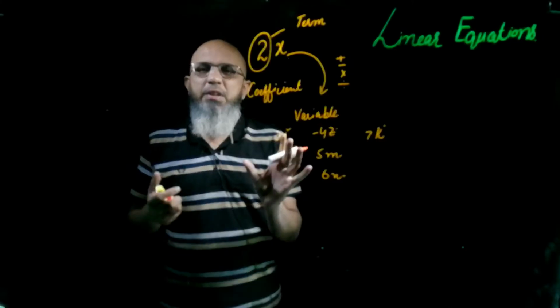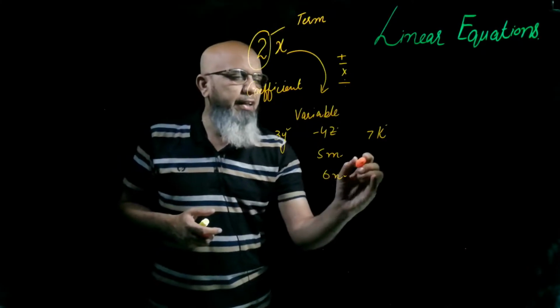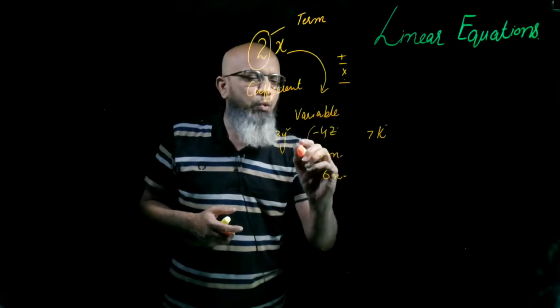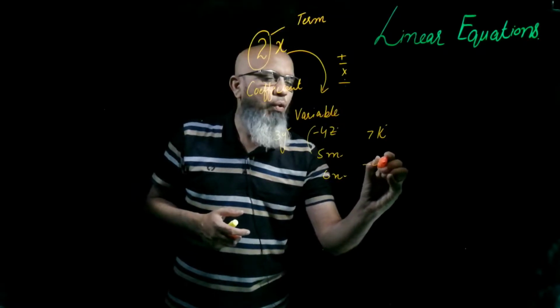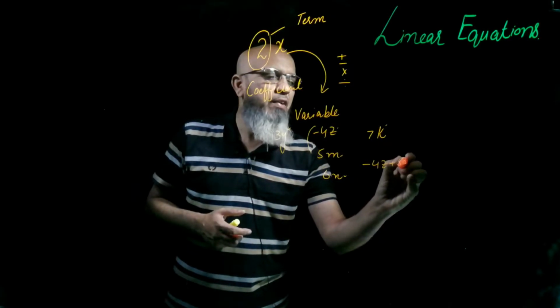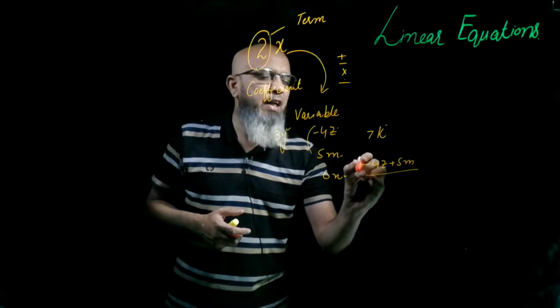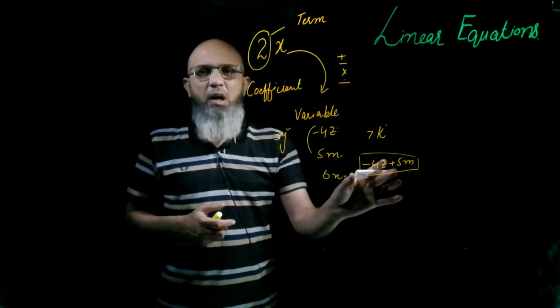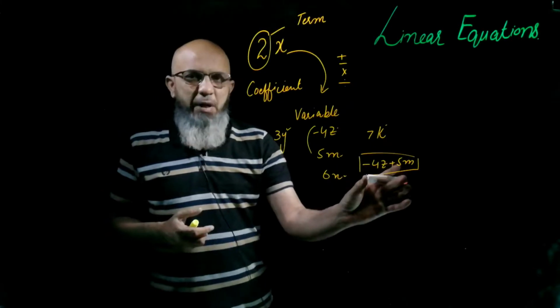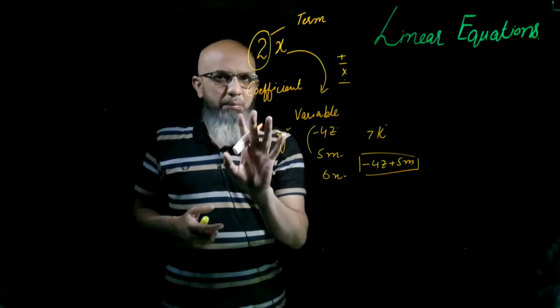So if I combine these two terms, minus 4z plus 5m, now it is an algebraic expression having 2 terms, right?